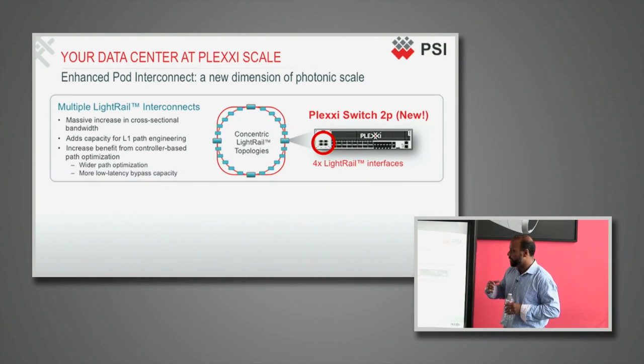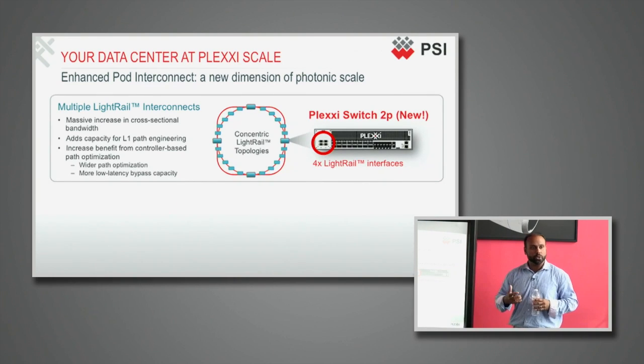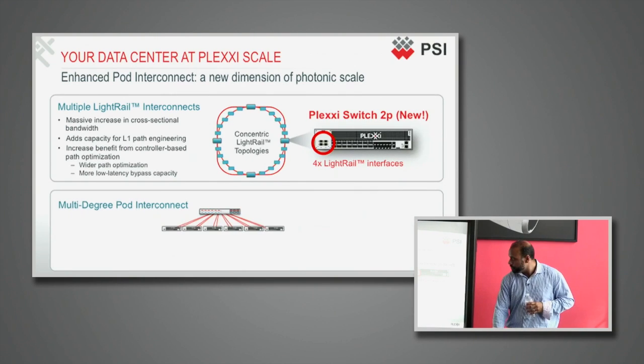So there's another 240 gig in addition to the others, for a total of 480 gig of fabric capacity. The trade-off is you have fewer access ports: 48 access ports versus 72, and 48 light rail ports. This allows us to add bisectional bandwidth to the architecture by dropping these Switch 2Ps into various parts of the ring.